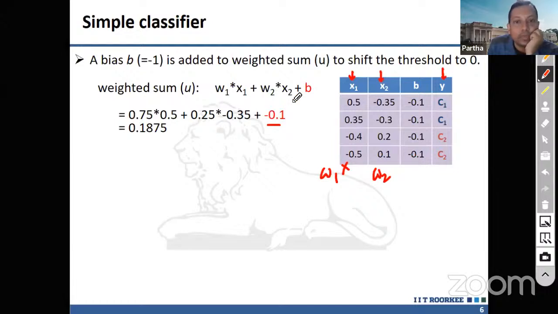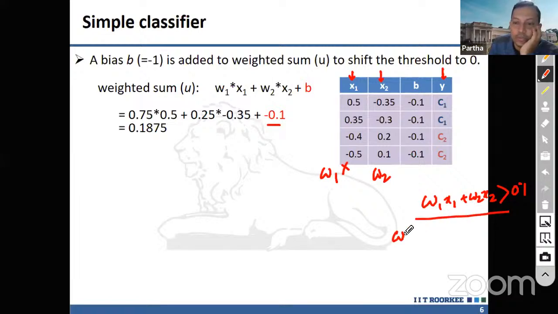If w1 x1 plus w2 x2 is greater than 0.1, then it is class 1 plus. Let us consider this equation in a different way: w1 x1 plus w2 x2 minus 0.1, and I check whether it is greater than 0 or not.